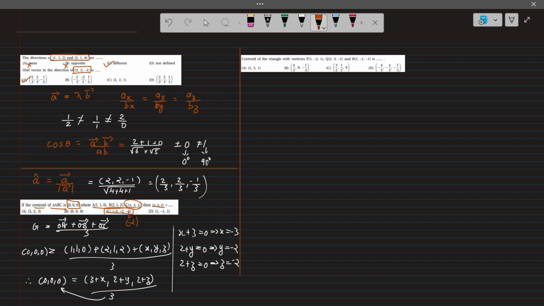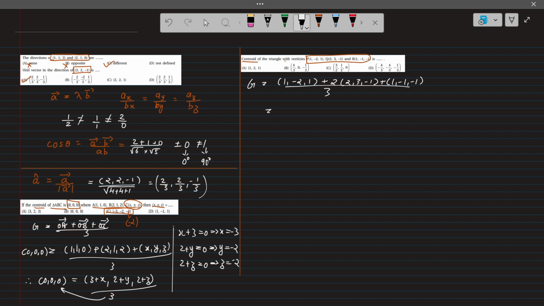We have to now find the centroid of the triangle. The vertices are already given. Directly we can use the formula. Centroid is summation of all the three vertices divided by 3. So (1, -2, 1) plus (2, 3, -1) plus (1, -1, -1) whole upon 3.